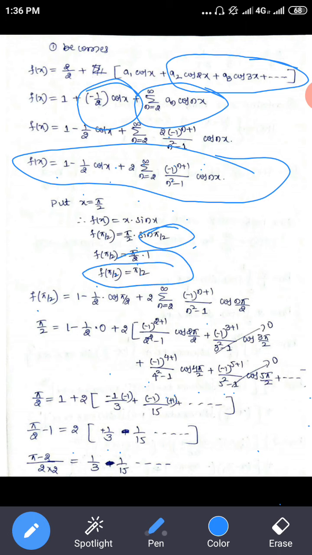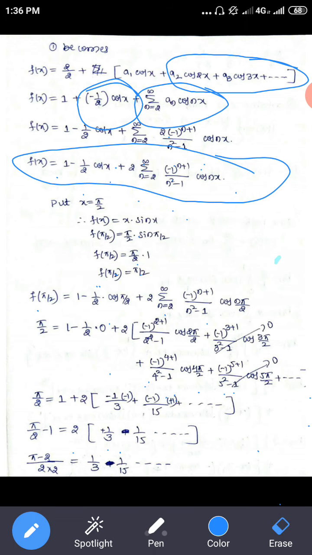So f of pi by 2 equals 1 minus 1 by 2 cos pi by 2, because x equal to pi by 2 I am taking, plus 2 into summation minus 1 raised to n divided by n square minus 1 cos of n into x, x is pi by 2, so it is n pi by 2.